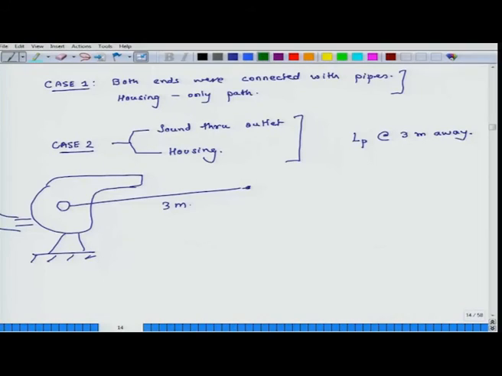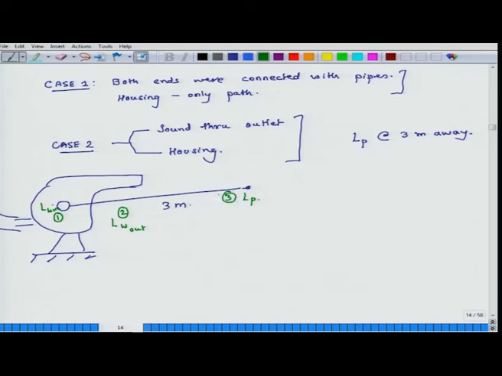The steps are still the same. First, we find out LW in. Second, we find out LW out, and third, we find out LP. So, this is step 2.